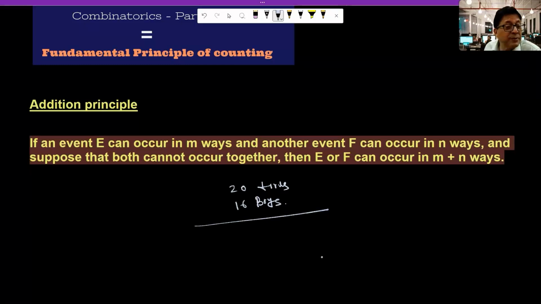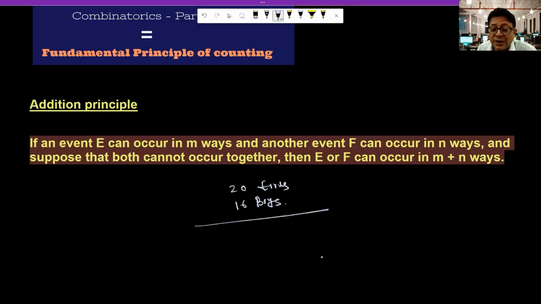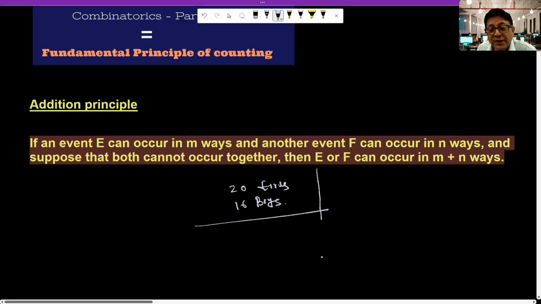You all are equally competent and she is instructed to make only one monitor, not two monitors. So how many ways can she do it? This will be 20 plus 16 ways. So that is equal to 36 ways.